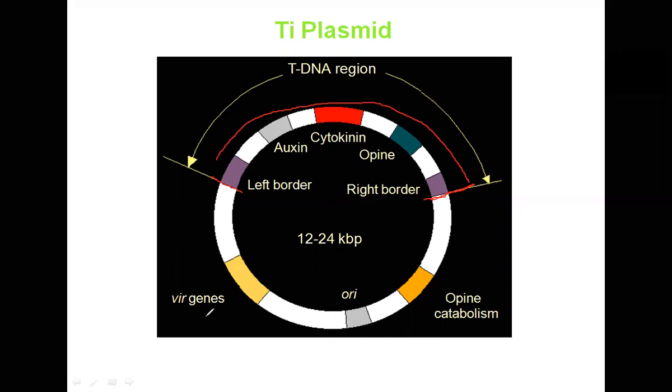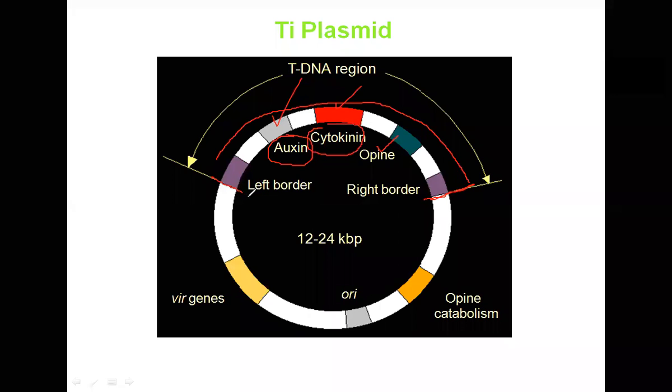It's a big circular plasmid, total size around 200 kb. Of that, a portion of the plasmid DNA is called tDNA. What does it do? It carries genes for plant hormone synthesis, meaning genes for auxin and genes for cytokinin. This is the gene for cytokinin. This is the gene for auxin, and it also carries the gene for opine synthesis.